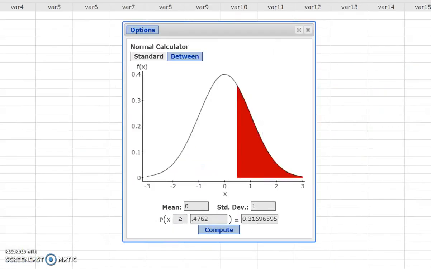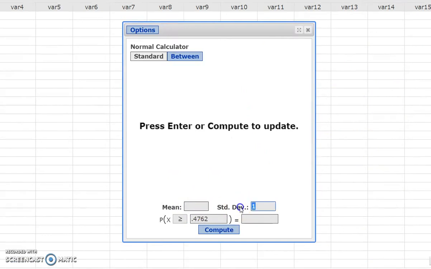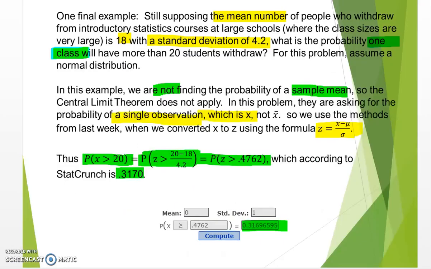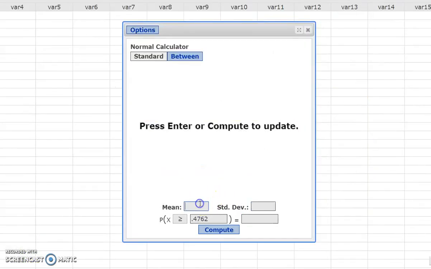And again, if you recall the quick method that we learned last time, you can always verify this in StatCrunch by changing the mean and standard deviation. So if we revisit that method, we're going to have a mean of 18, a standard deviation of 4.2, and we're interested in the number of students who withdraw from the stats class being greater than 20.